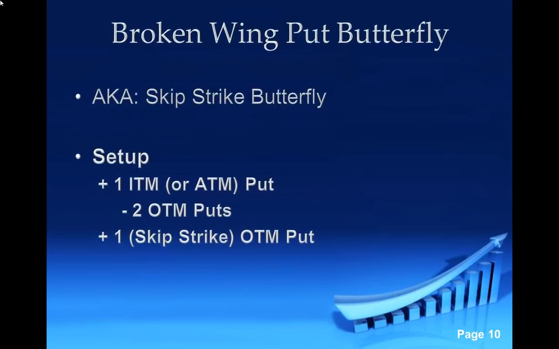All right. So how do we set this bad boy up? We're going to set it up by, like I mentioned, buying an in the money or just at the money put. I prefer to pick one that is at the money or just slightly out of the money. I don't necessarily like to go into the money. All right. But definitely selling these two puts, we're selling those out of the money. And then we're skipping one strike.